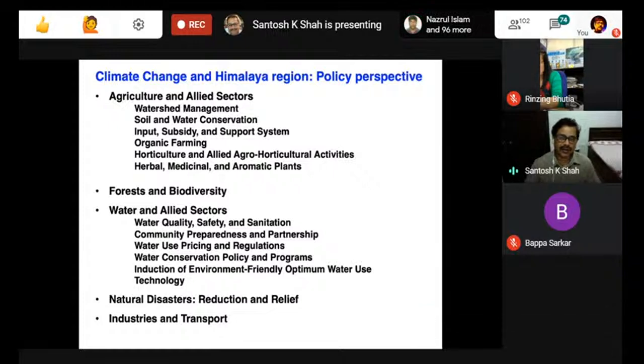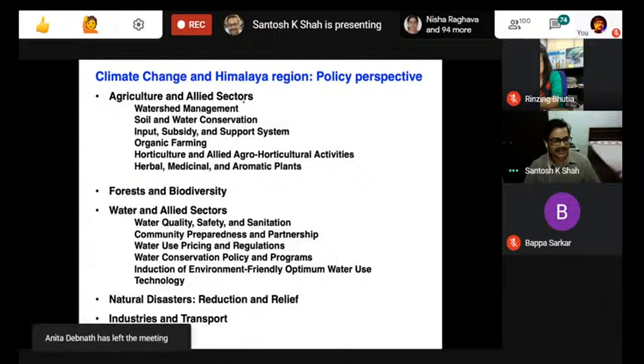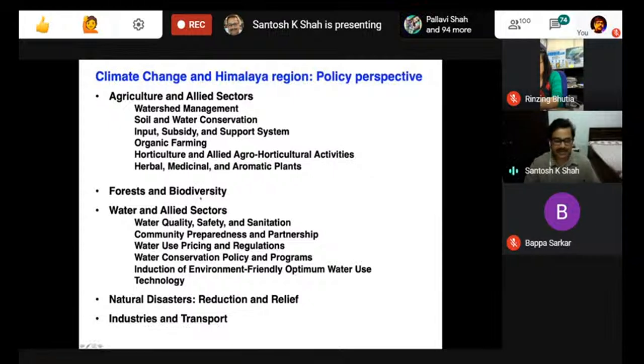These are the common things in terms of policy perspective, because climate change directly affects agriculture and allied sectors, like watershed management, soil and water conservation, input subsidy, organic farming, horticulture. All these things are affected. Even forest and biodiversity are affected due to climate change.